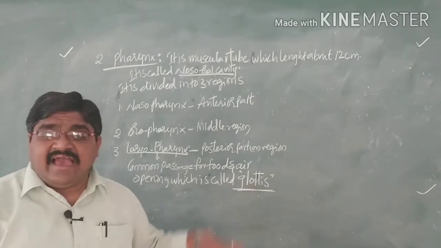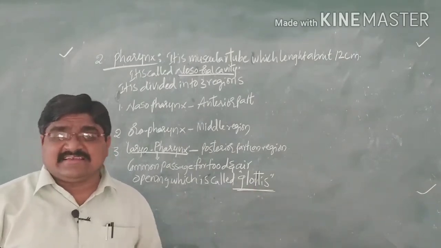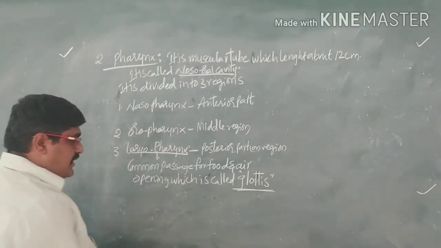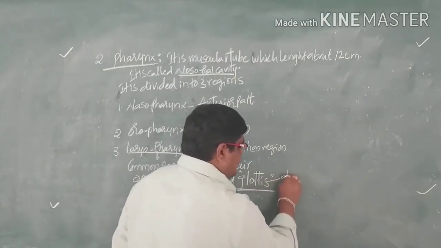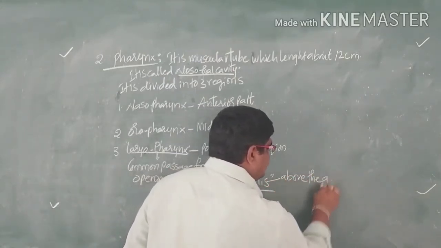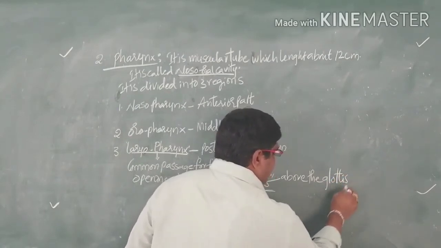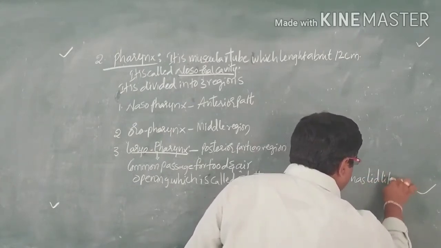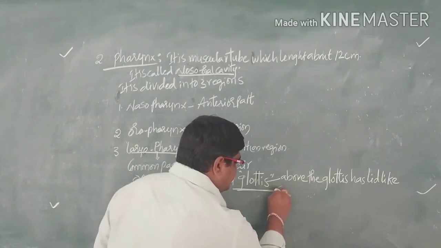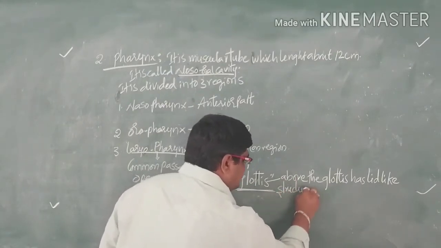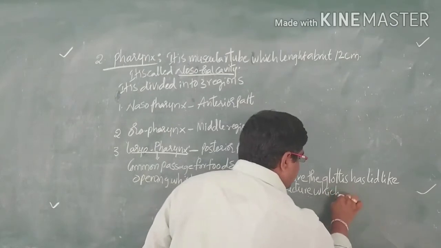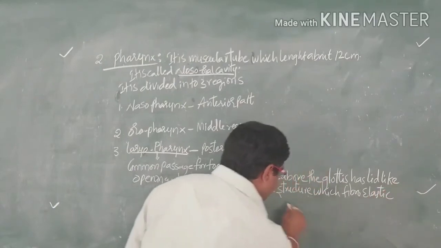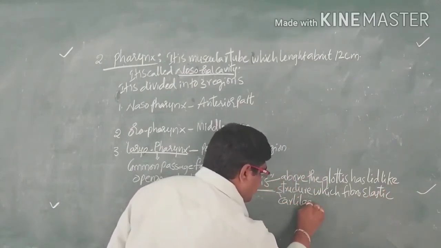Above the glottis there is a lid-like structure, a fibroelastic cartilage.